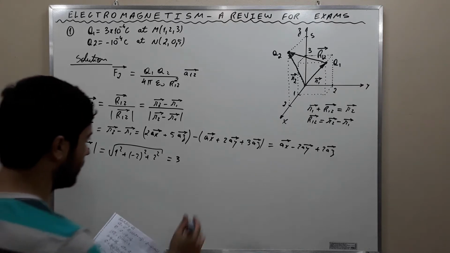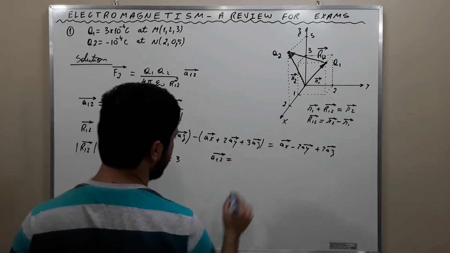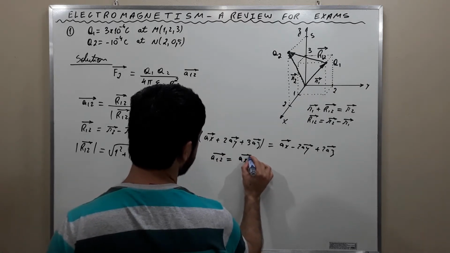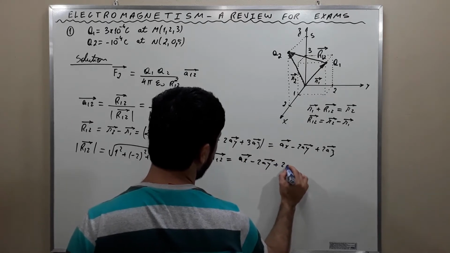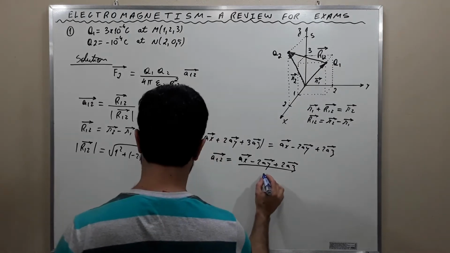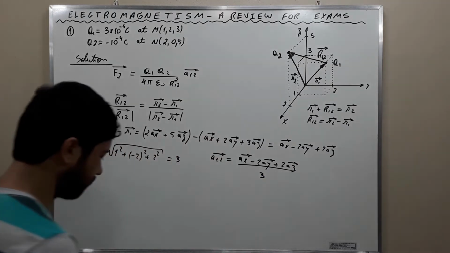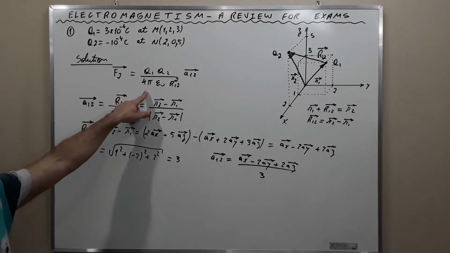Consequently, A12 is going to be ax minus 2ay plus 2az divided by 3.